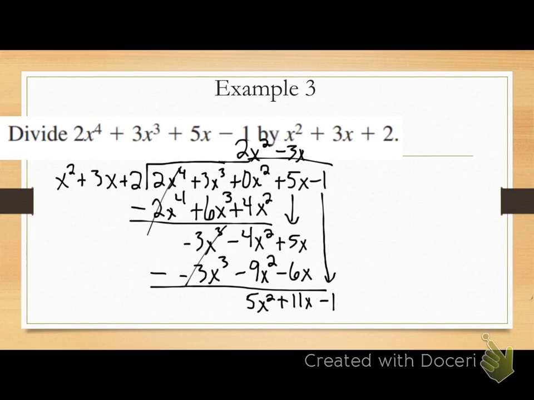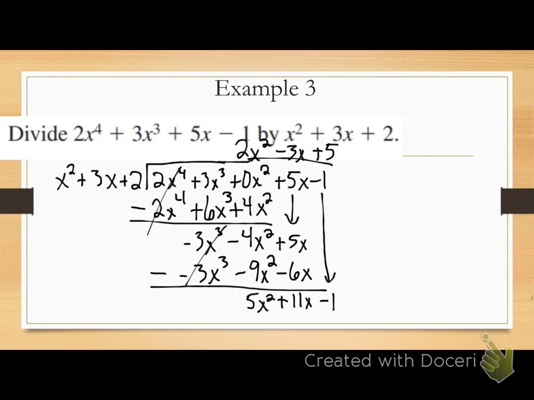What times x squared would give me 5x squared? 5. Very good. So I've got a plus 5 up here.